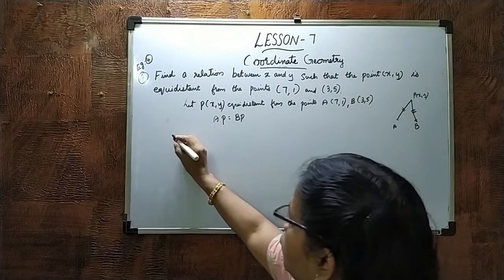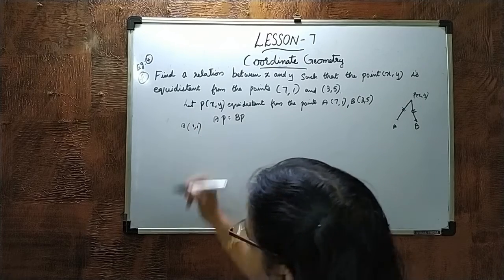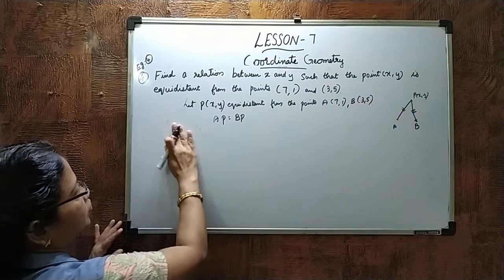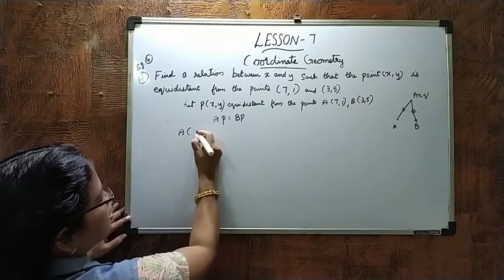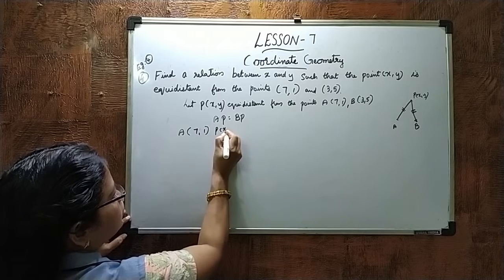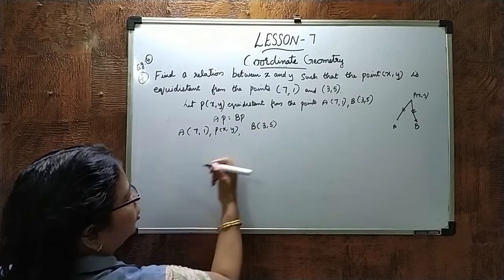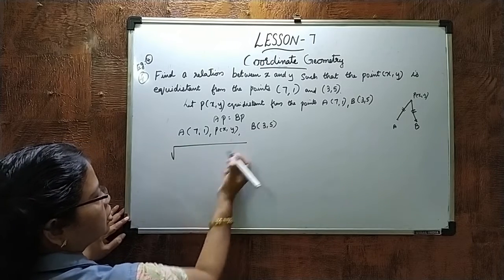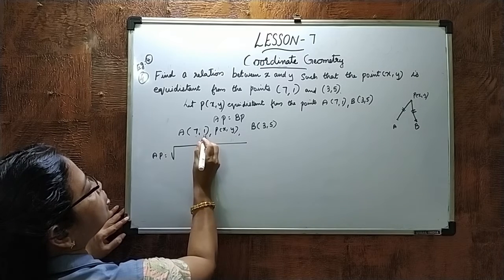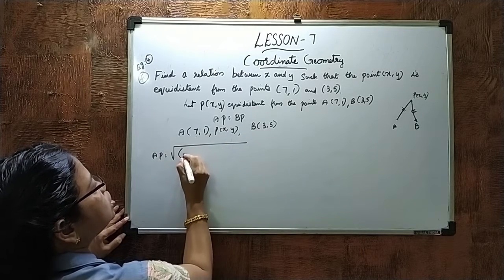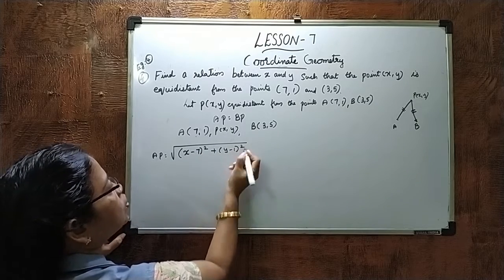First we will start with AP. Here A is (7, 1) and P is (x, y). So AP equals root of, here it is x1 y1, here it is x2 y2, so (x minus 7) the whole square plus (y minus 1) the whole square, right?